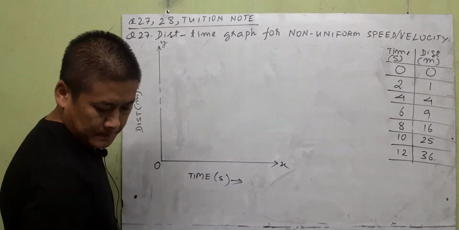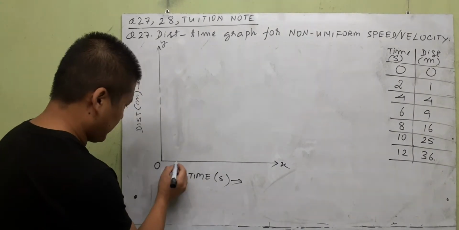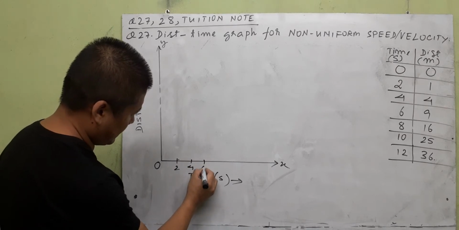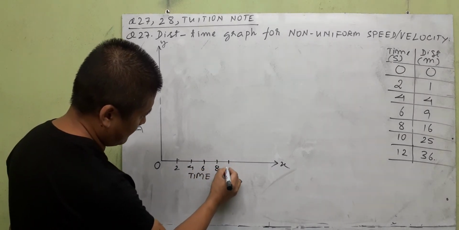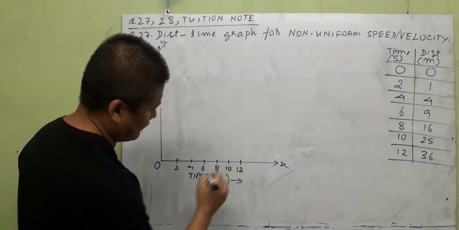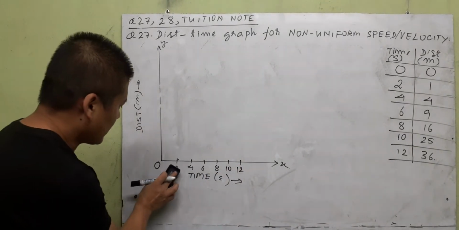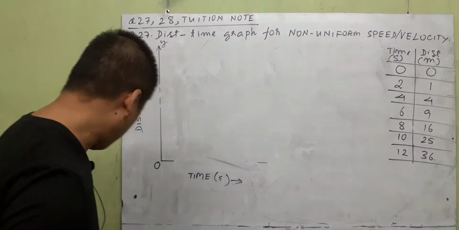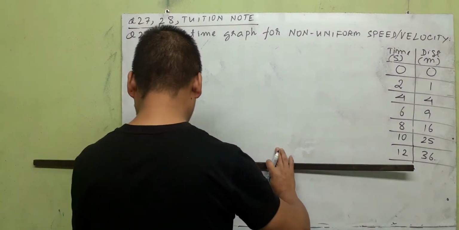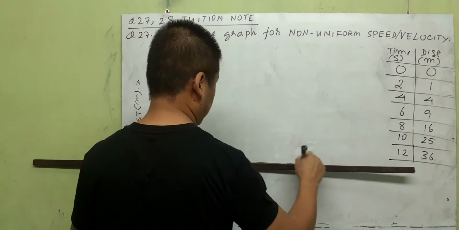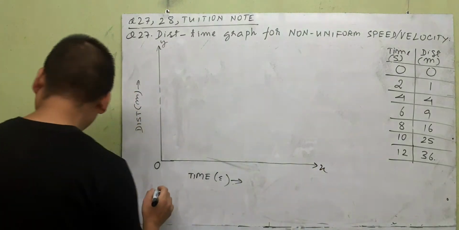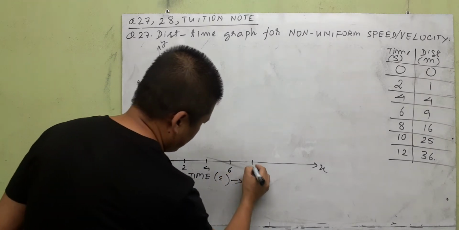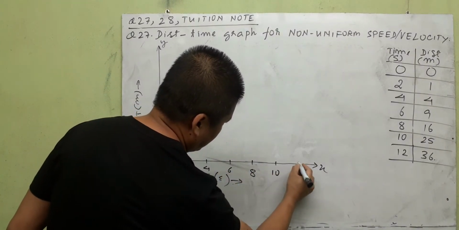Maybe we can go a little bit more to make it convenient to plot. So on the x-axis, let's say 2, 4, 6, 8, 10, and 12.